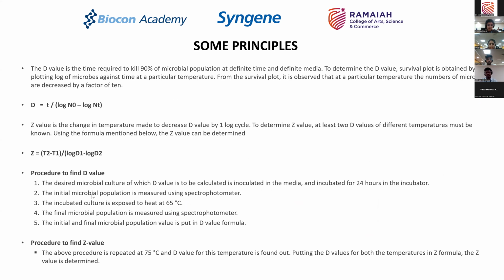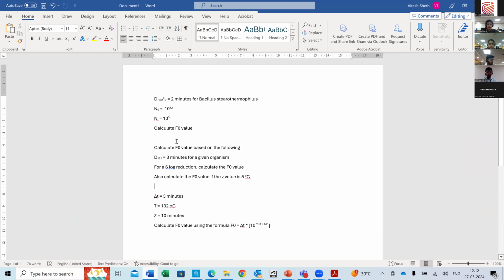So let me go back to the example. In the example, I calculated the F0 value knowing that I had Bacillus stearothermophilus, and I was aiming for a reduction of, let's say, 12 log. With a D value of 2 minutes at 132 degrees centigrade and a 12 log reduction, within 24 minutes I should get a 12 log reduction, correct?